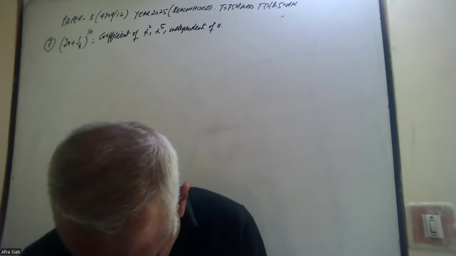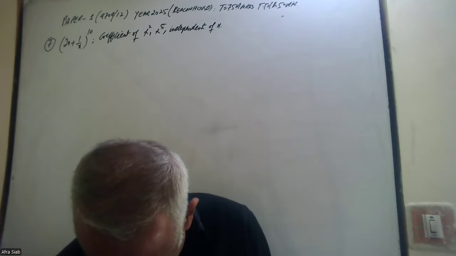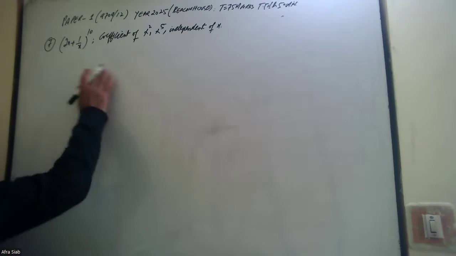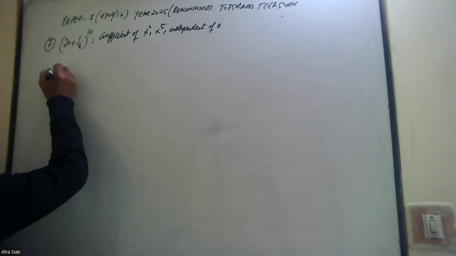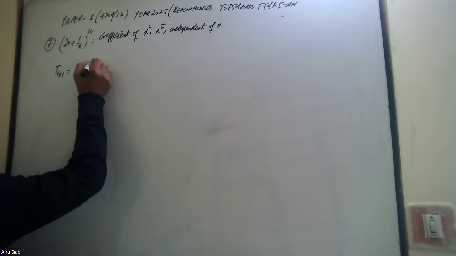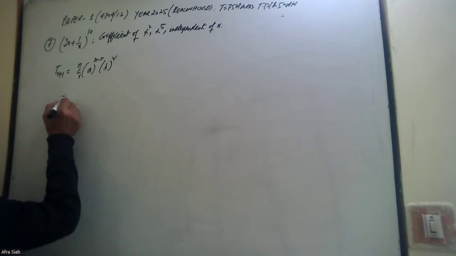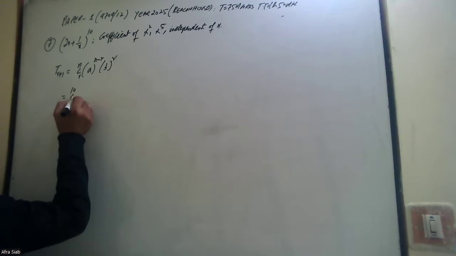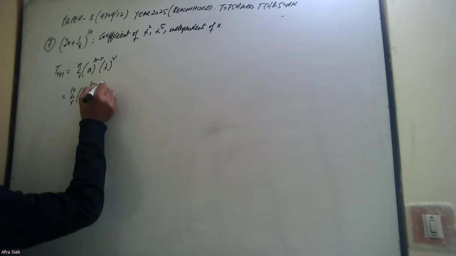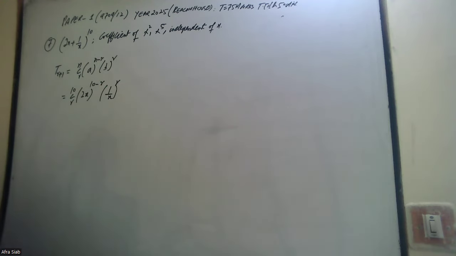The expansion of 2x plus 1 over x power 10, find the coefficient of x square, x5, and the term independent of x. So this is the equation there. We know the formula is T(R plus 1) is equal to nCR a power n minus R into b power R. So n is basically 10, CR we don't know. a is basically equal to 2x, which is n is 10 minus R into 1 over x, and that power is R there.